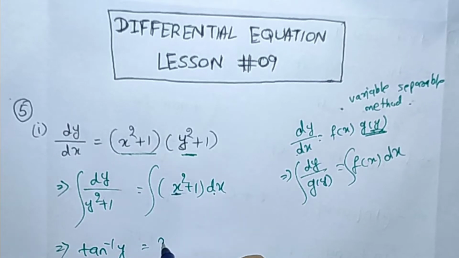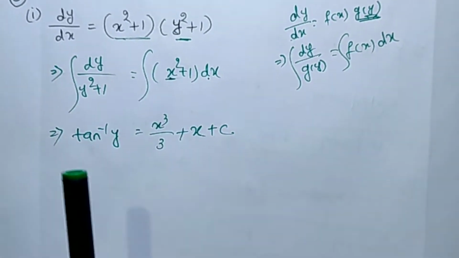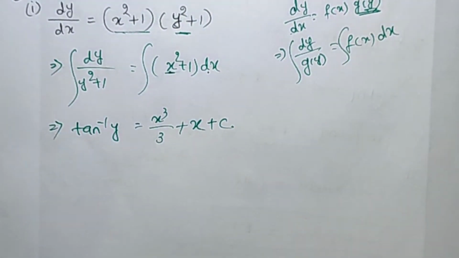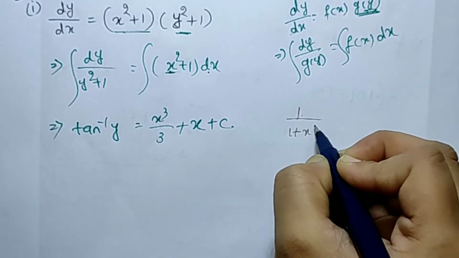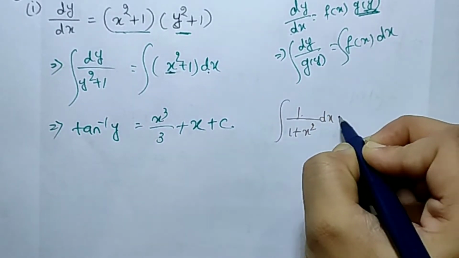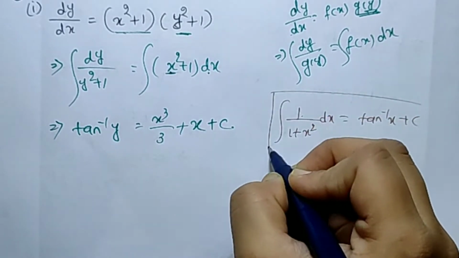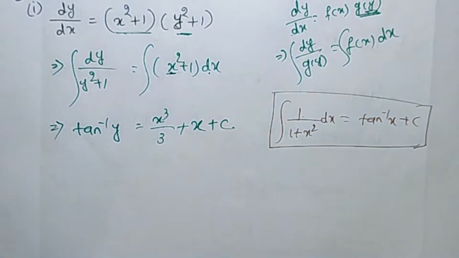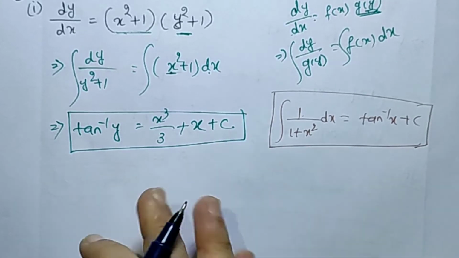X square integration is x cube by 3, plus 1 integration is x, plus c, where c is the integrating constant. We know the formula that the integration of 1 by (1 plus x square) dx is tan inverse x plus c. This is the formula that we have used here. Okay, so this is our general solution.